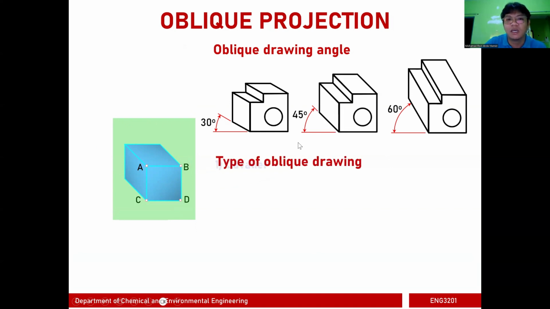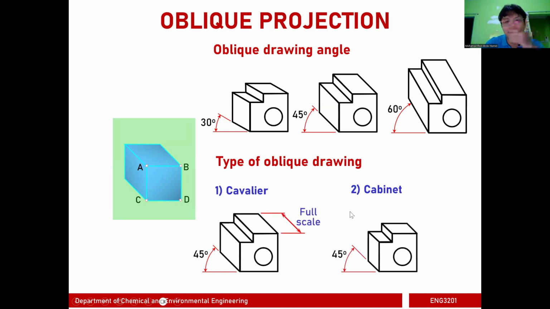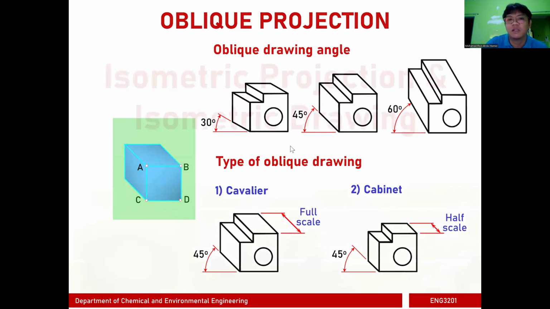Let's see, types of oblique drawing. You have cavalier here. Cabinet, I think, is this one. I don't really remember. Yeah, cavalier is 45. Cabinet is also 45, but they are slightly different. Again, what makes it different is just that this becomes full scale, this becomes half scale.